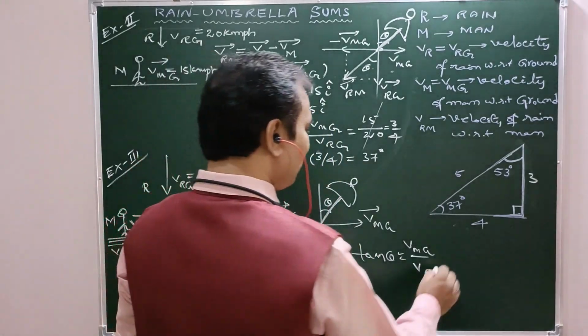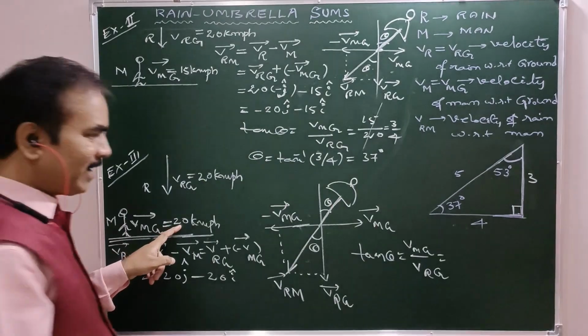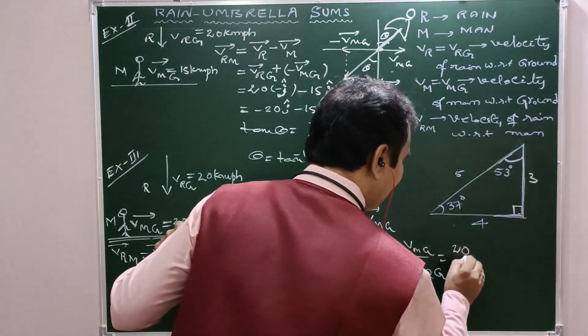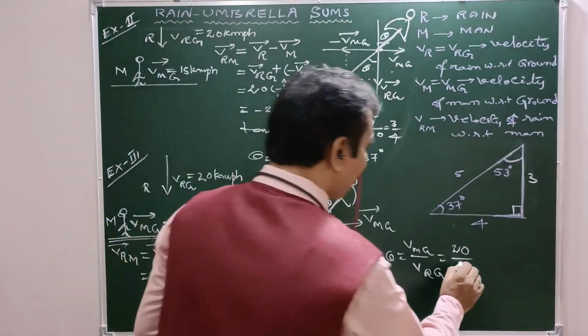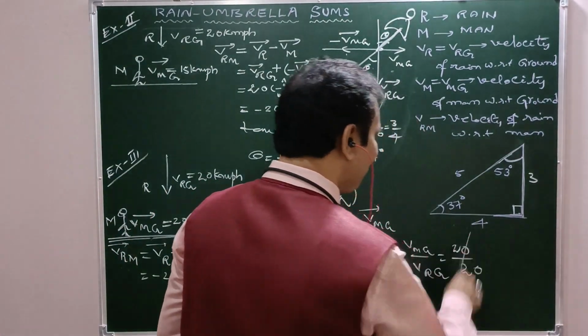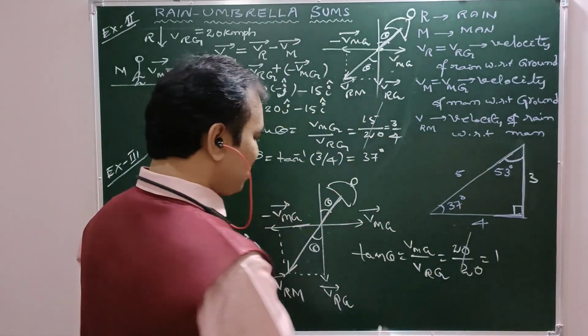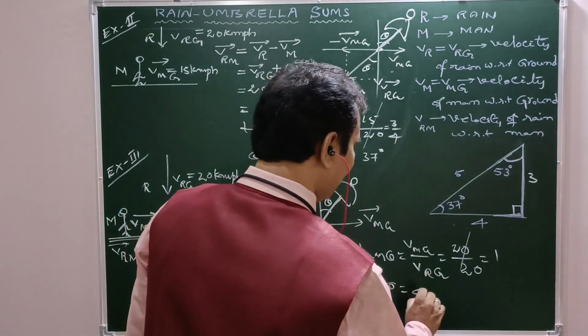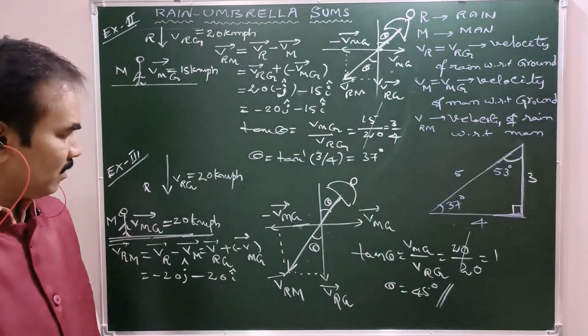Right? What is VMG? 20 kmph. 20 divided by VRG, again 20. That is 20 kmph by 20. That is tan theta equal to 1. Theta must be equal to 45 degrees. Right? So tan theta 1 means theta 45.